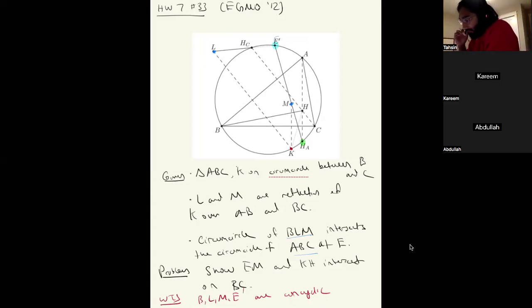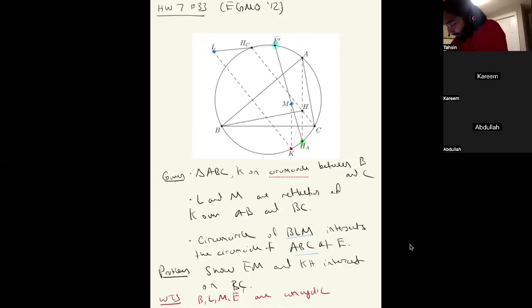Okay, so how do we do this? There's another very clever observation you have to make, which is the following. If you now take the orthocenter, we took the orthocenter and we reflected over BC to get HA.